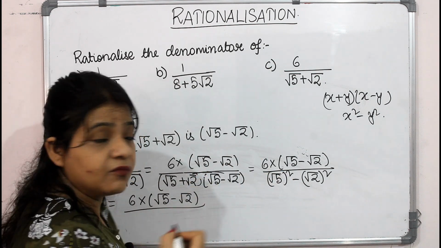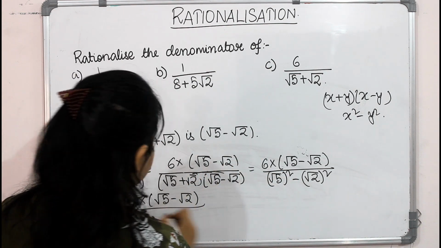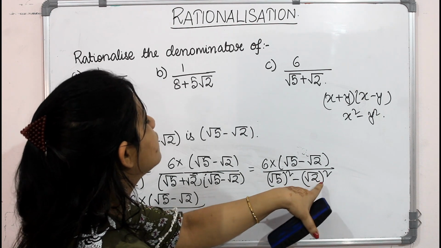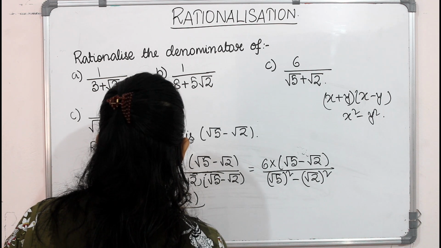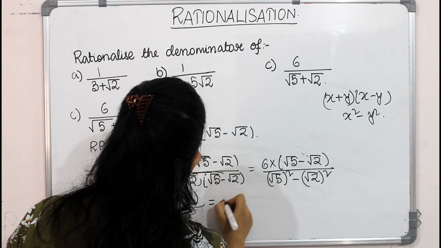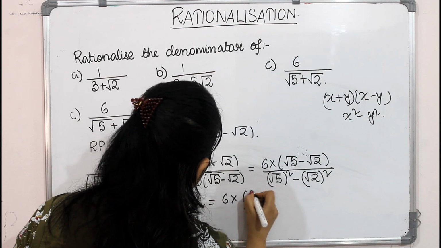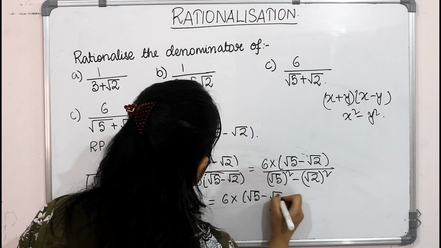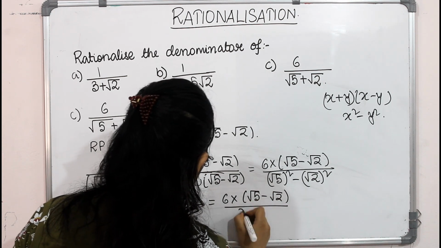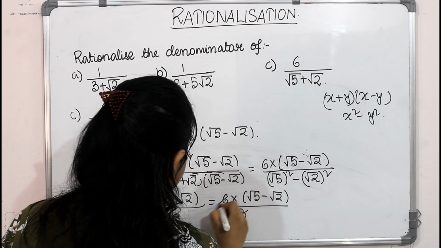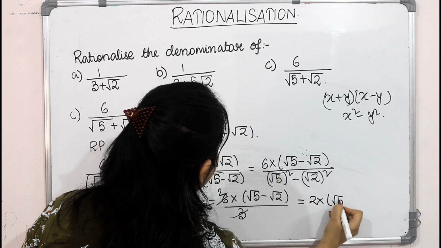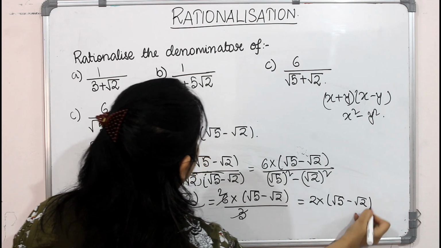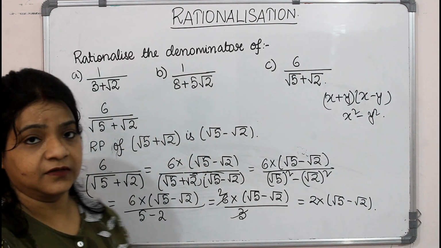So root gets removed and you will get 5, and minus root 2 whole square. So this root also gets removed from 2. So 5 minus 2. So 6 into root over 5 minus root over 2 divided by 3. So 3 twos are 6. So 2 into root over 5 minus root over 2 is the final answer.